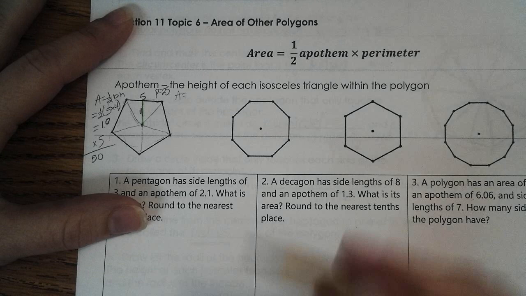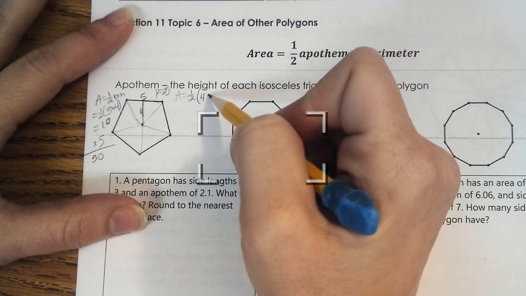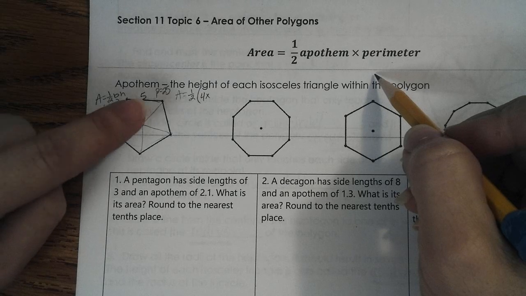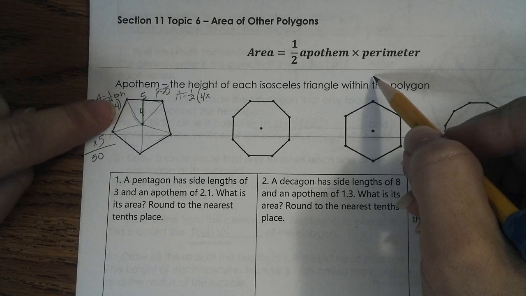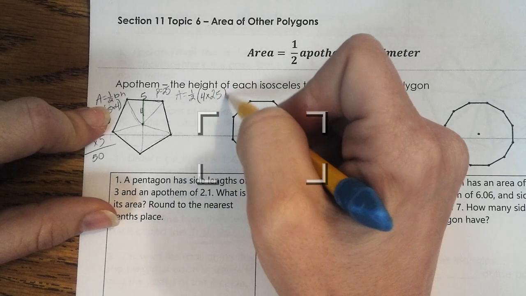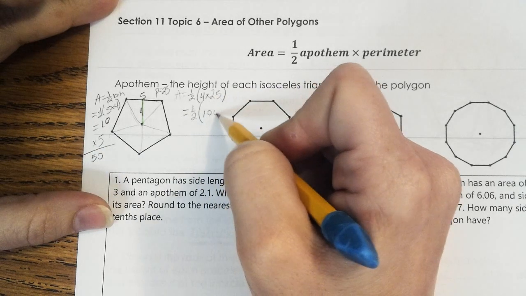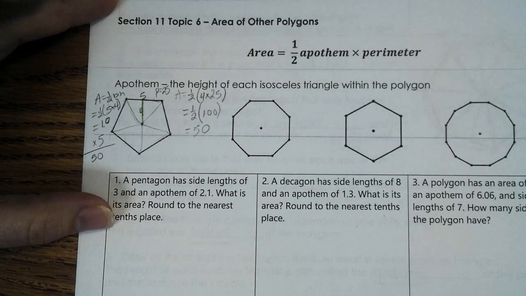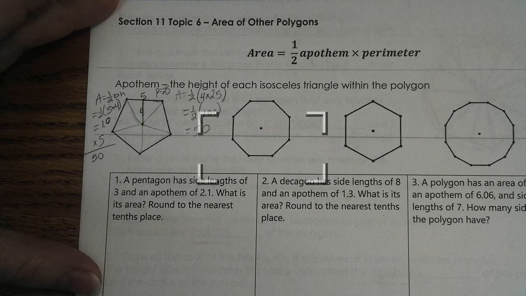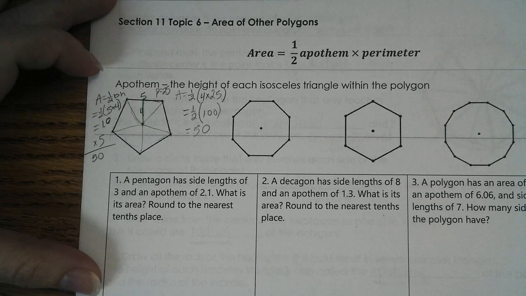So for this one, 1/2 times the apothem, which is 4, times the perimeter, which is 5 times 5, or 25. So 1/2 times 4 times 25 is 100, and then half of that is 50. So we get the same answer as if we had used the other method. Both of them will work. Use whichever one makes more sense to you and more consistently gives you the correct answer.